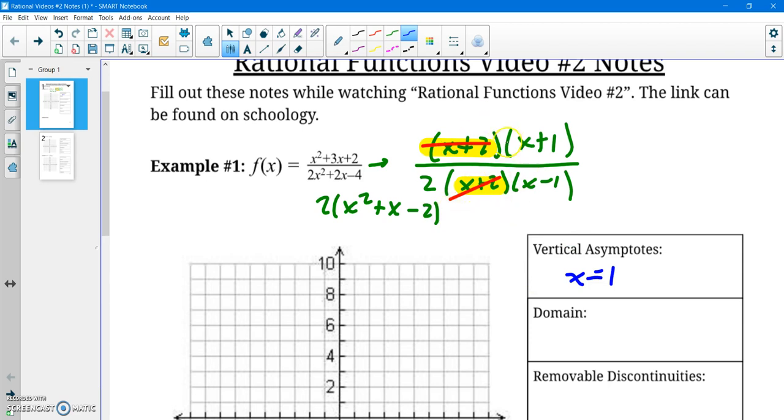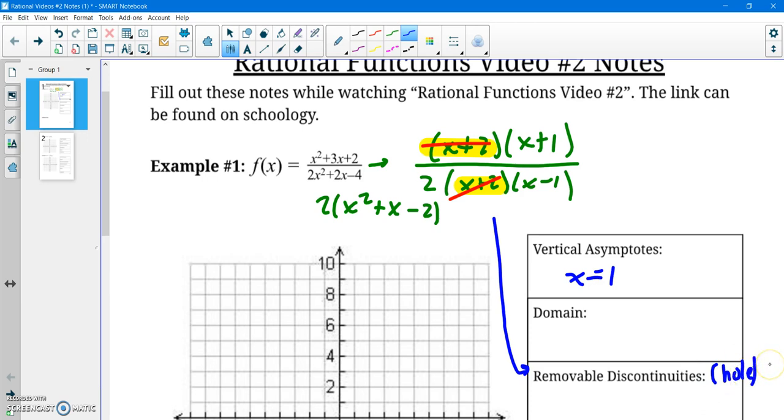What that does contribute to is something called a removable discontinuity in my graph. I know that's a fancy weird word, and we'll talk a little more about what that vocab means later in the year. But what it really is in the graph is it creates a hole in the graph.